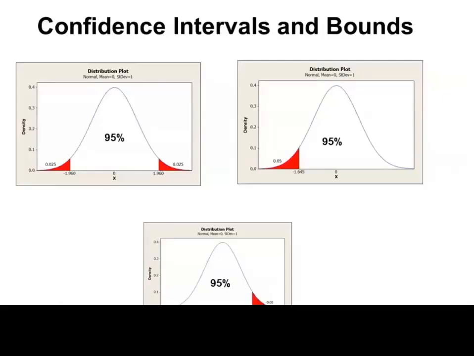So if you just had a lower spec and you wanted to make sure that your product was not below lower spec, you might just look at the lower confidence bound. The difference here is that all the error is on the lower side, all 5%. So it pushes the confidence bound closer to the estimate, to the middle, than it was in the two-sided case.